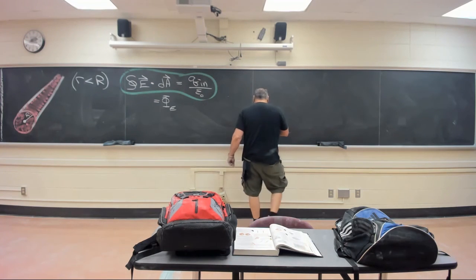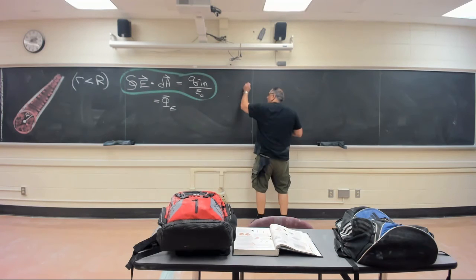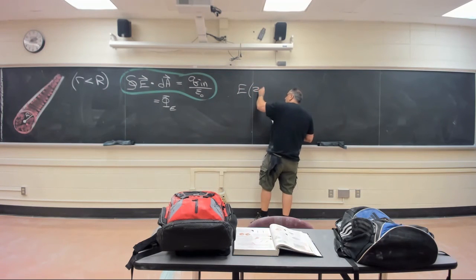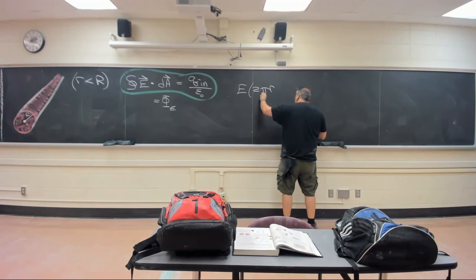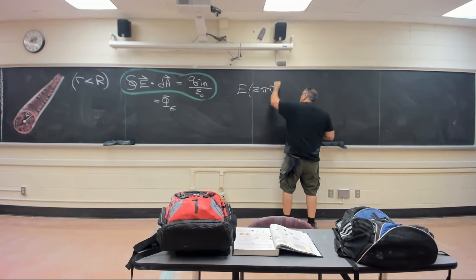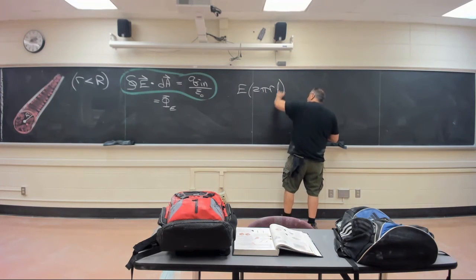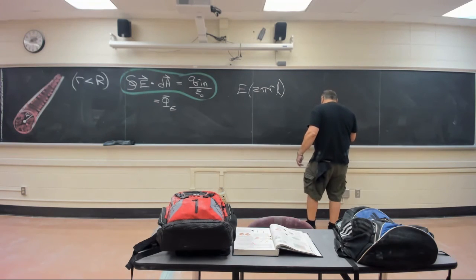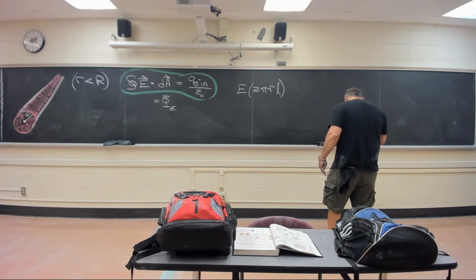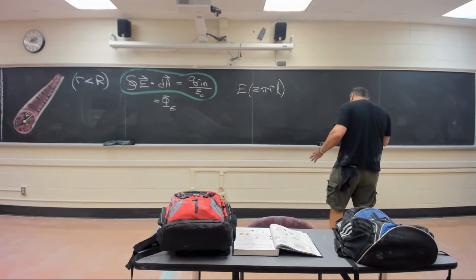You've got, you know, E dot dA, the integral E dot dA, which is E times 2 pi r, the circumference of the Gaussian surface with radius r, which is less than capital R. That circumference times L will tell you the area of the Gaussian surface that we're talking about. Where it's applicable for us, okay?